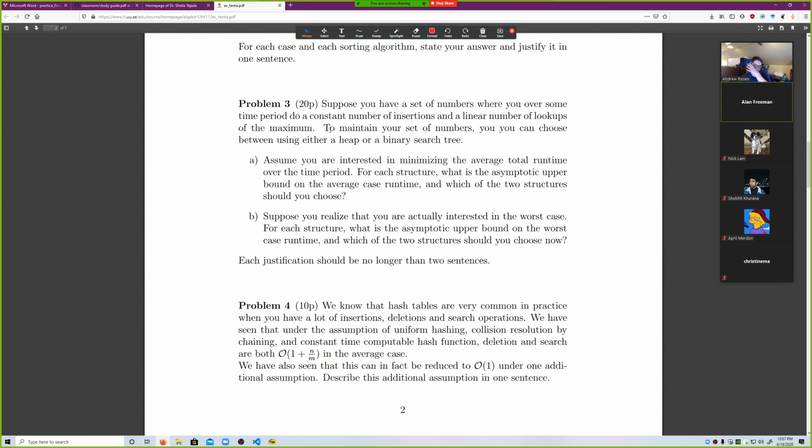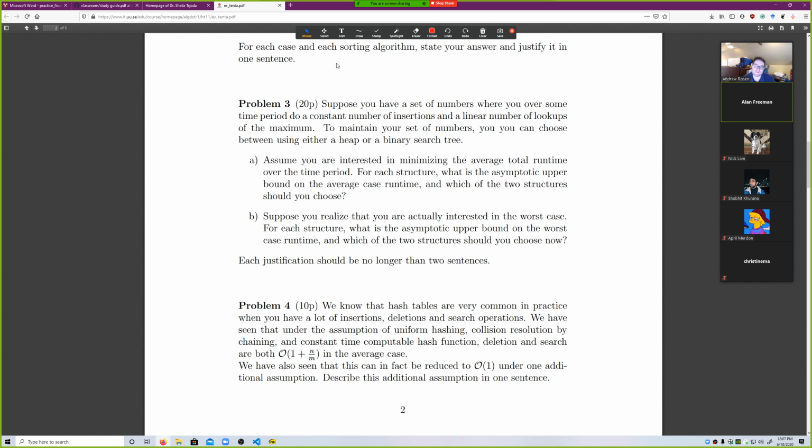So we look for the biggest item in it a linear number of times. To maintain your set of numbers, you can choose between either a heap or a binary search tree. Assume you are interested in minimizing the average total runtime over a time period. For each structure, what is the asymptotic upper bound on the average runtime case, and which of the two structures should you choose?